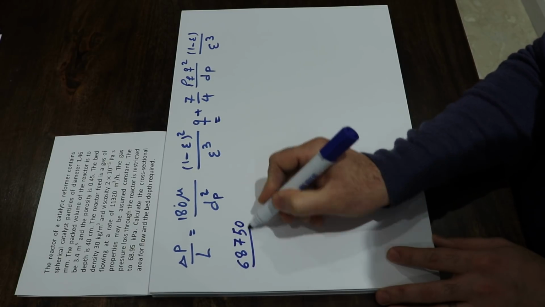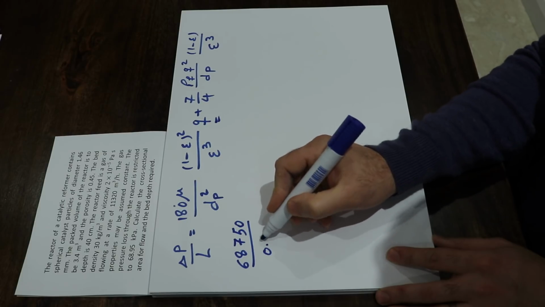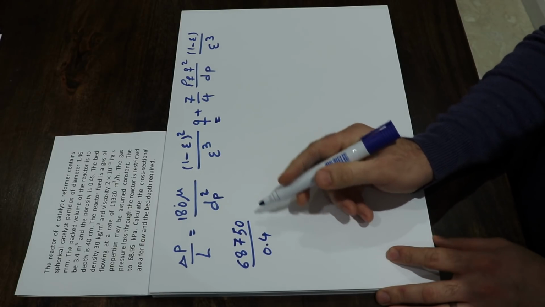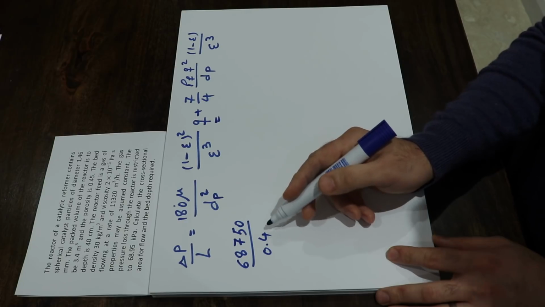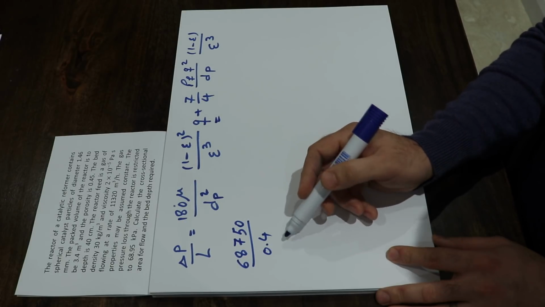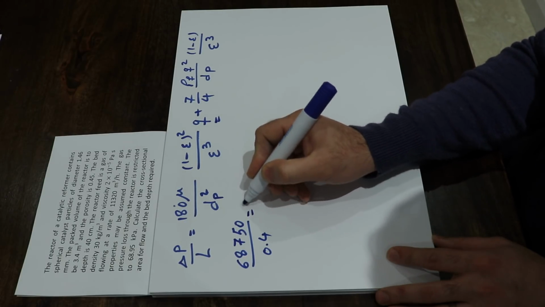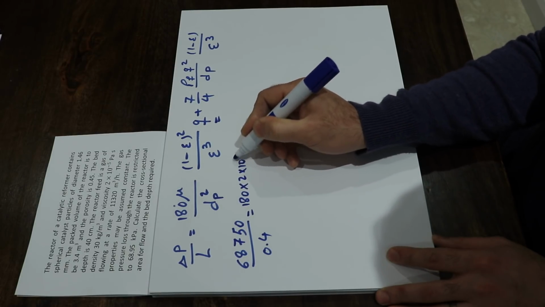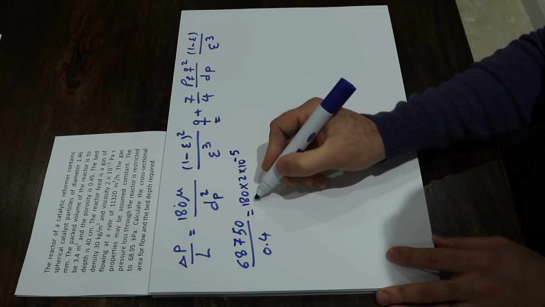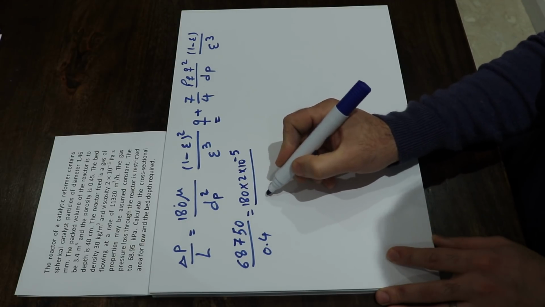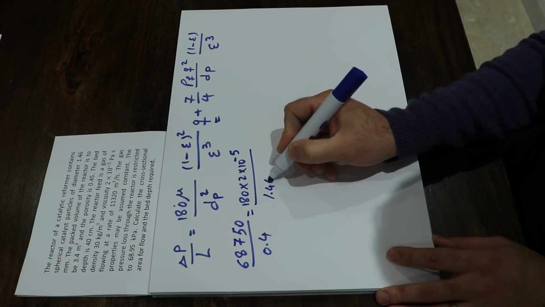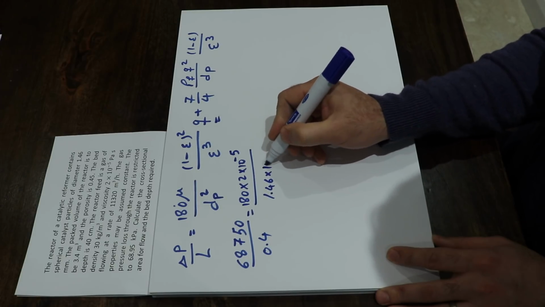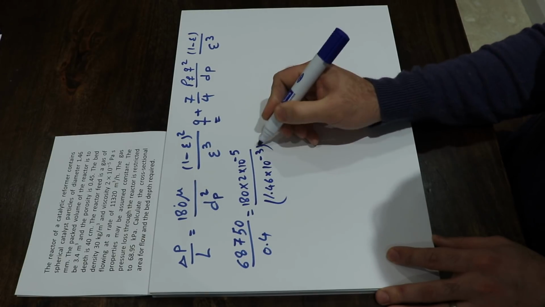68,750, that is the pressure, divided by the bed depth 0.4, equal to 180 times 2 times 10 to the minus 5, that is the viscosity, divided by the particle diameter, that is 1.46 times 10 to the minus 3 to the power of 2.